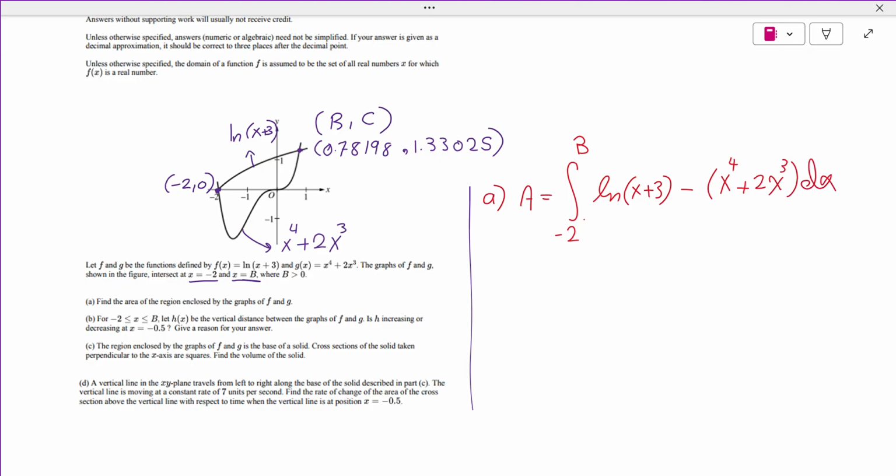It's a calculator active question. We can evaluate it using the calculator. 3.604. This is part A.